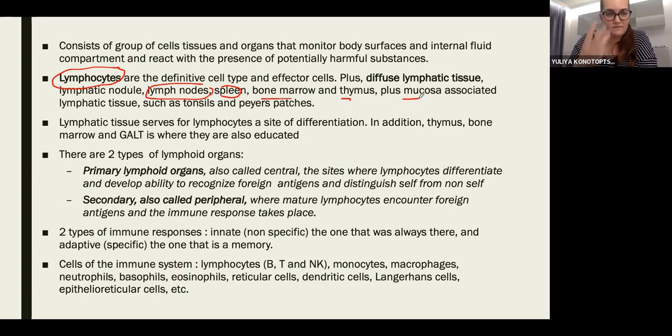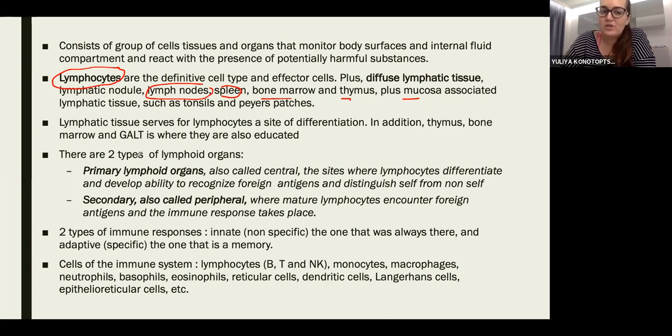All three things are the same; they're talking about the same thing. So I hope that is clear. They're diffuse, they're not solid organ-like substances, they're just everywhere.